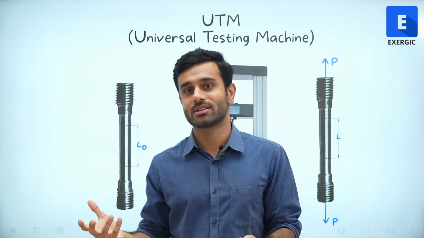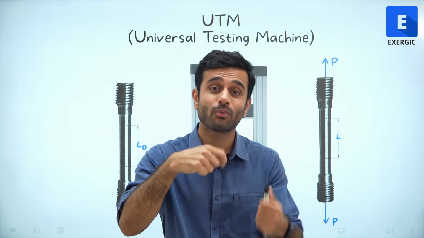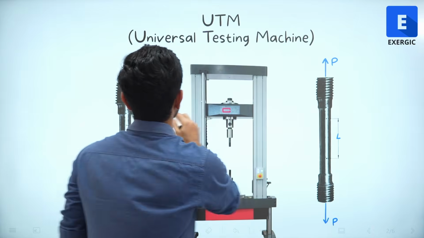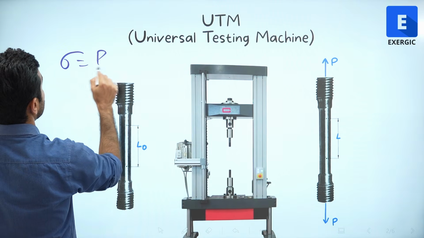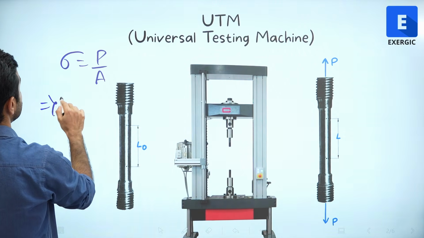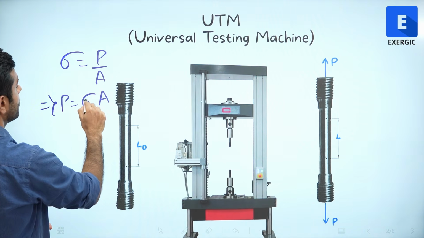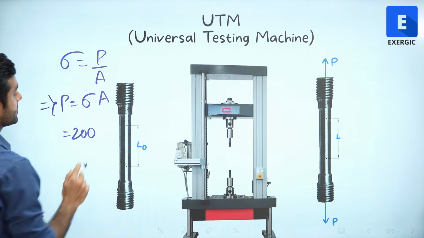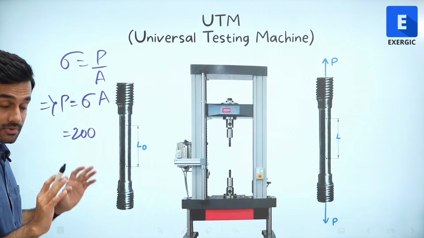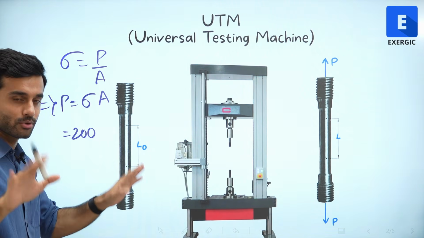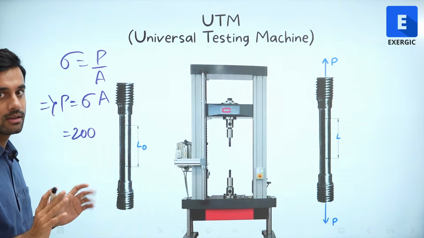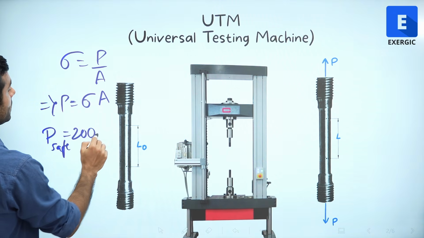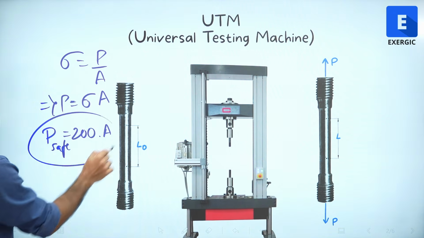So in that situation, the value of P required for fracture will change, because stress is equal to P by A, which means P is equal to sigma multiplied by A, correct? So if 200 megapascal is the safe value for a material, suppose for an XYZ material, what will be the safe value of load for that material? 200 multiplied by the cross section.